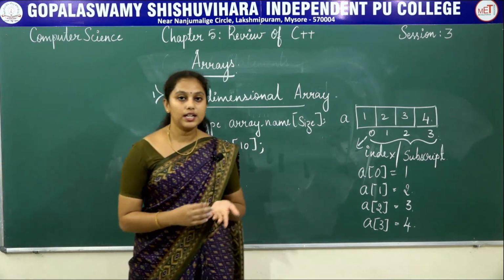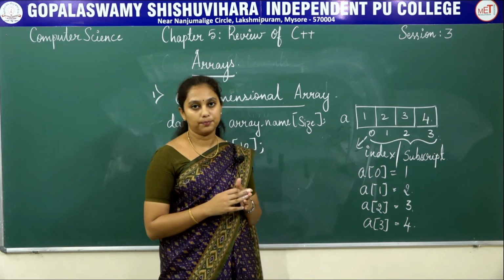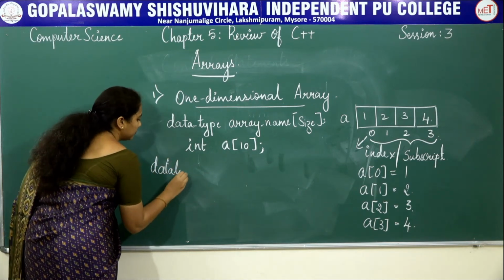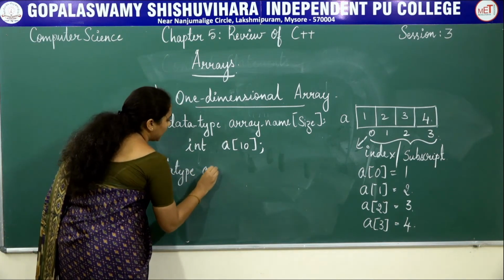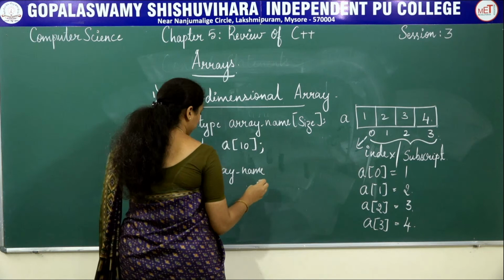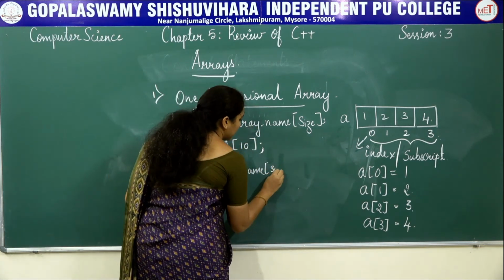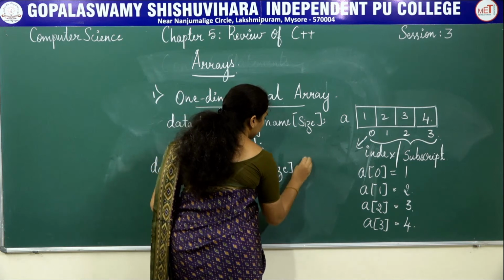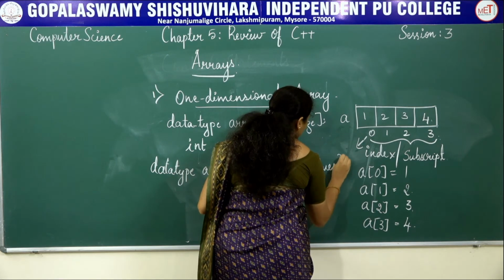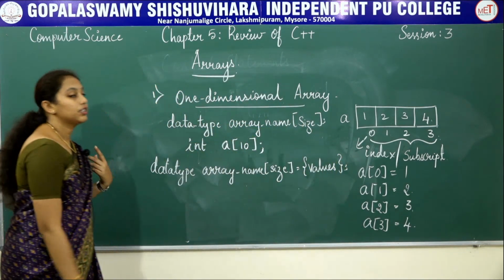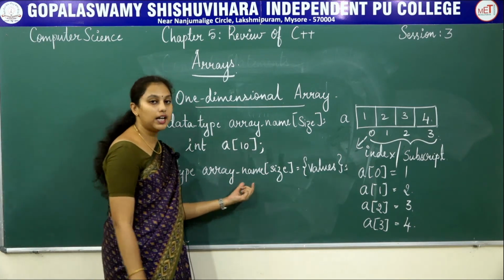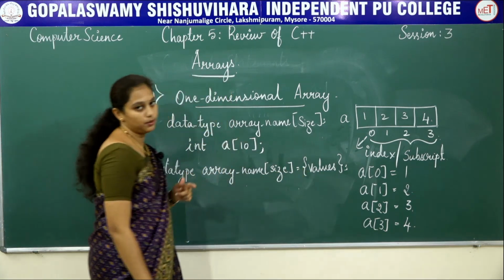Next, how to initialize the values of a one-dimensional array. The initialization syntax is data type, array name, size is equal to values.